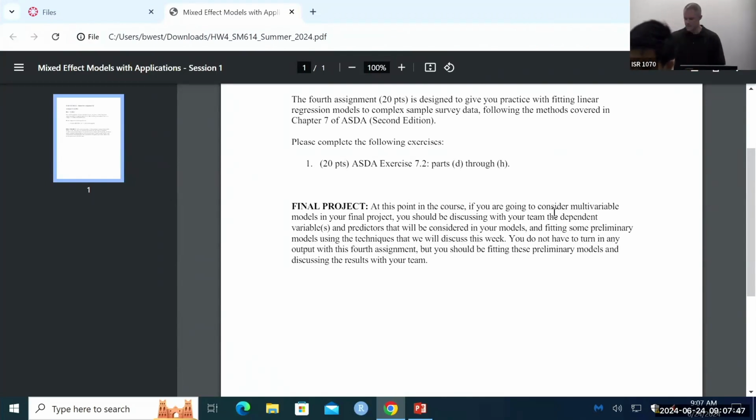Part E then says test the interaction of gender and the left-right political orientation, that 3-category variable, in the preliminary model. Okay, so part E says include the interaction between gender and your left-right political orientation.